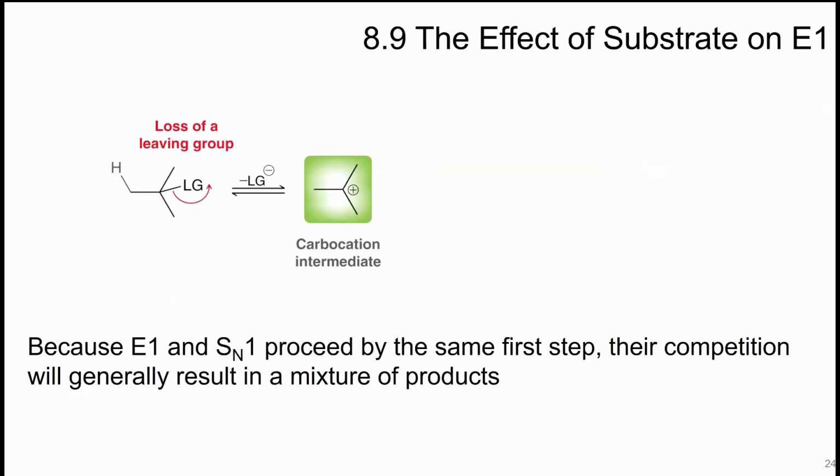We have loss of a leaving group, then we form the carbocation intermediate just as we did before. If we had a nucleophile, that would result in a substitution.